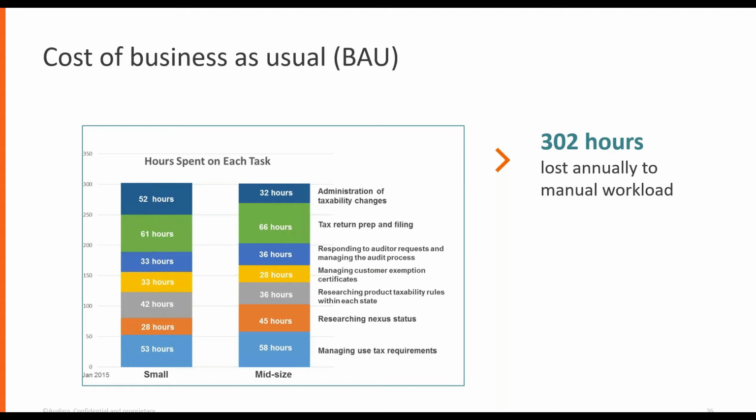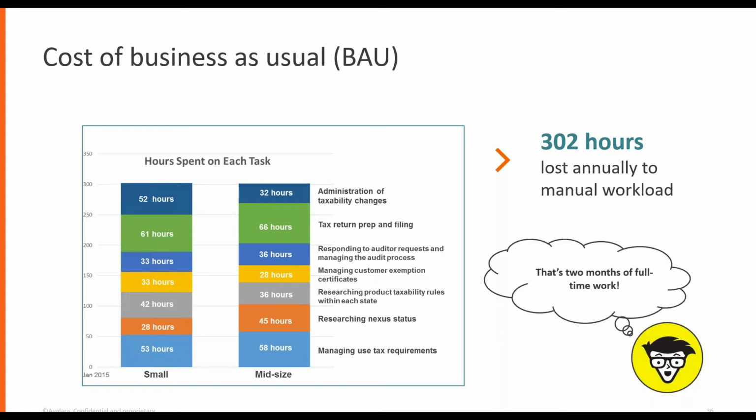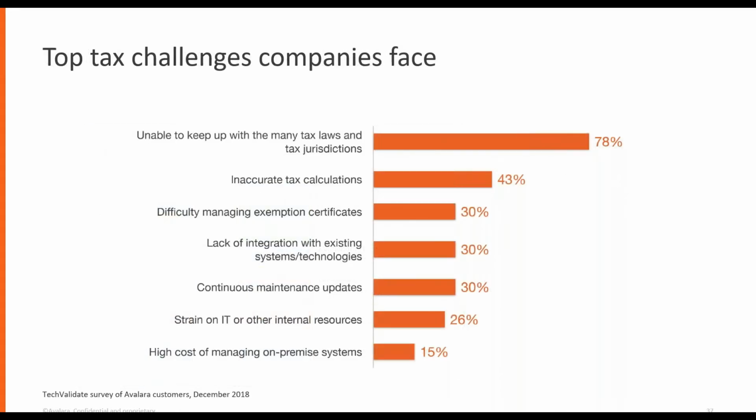But by not making any changes, look at how many hours are lost to manual workload in managing compliance. 302 hours lost annually. That's 2 months of full-time work focused on sales tax compliance. It's crazy.